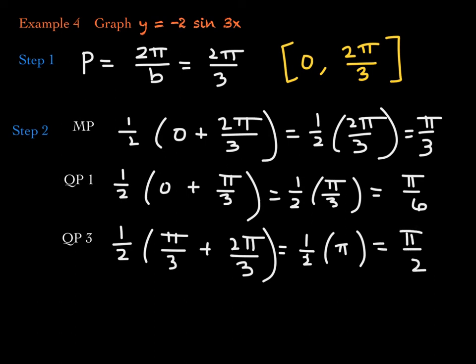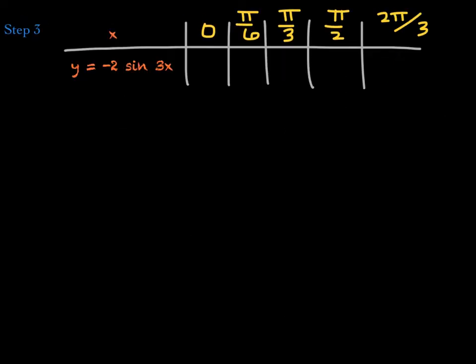In step 3, we're going to evaluate our function at these 5 important points, these 5 input values. All right, I have set this up. I'm going to go ahead and start plugging in here. When you let x be 0, 3 times 0 is 0.